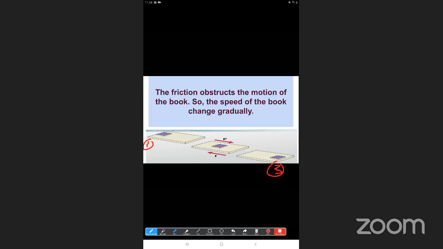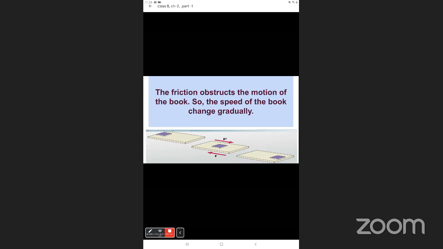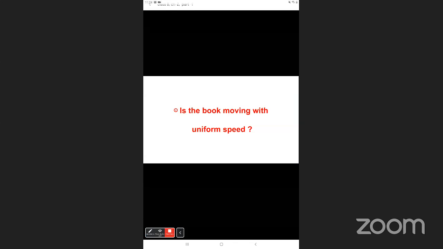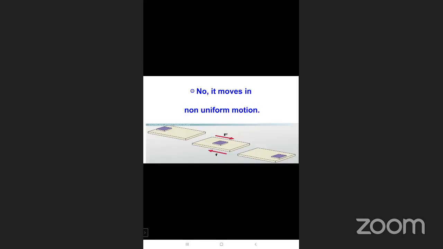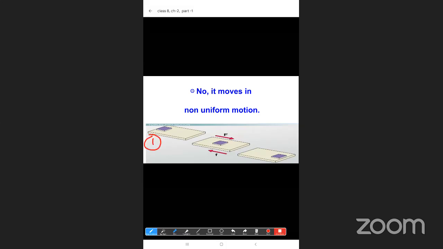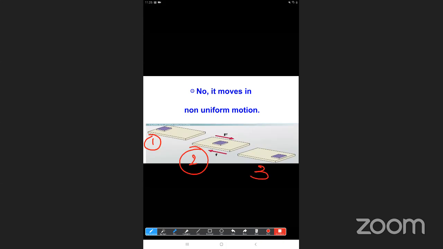When it has traveled some distance, is the book moving with a uniform speed here? No. It moves with non-uniform speed. When it travels from one place to another place, the speed of the book changes continuously.